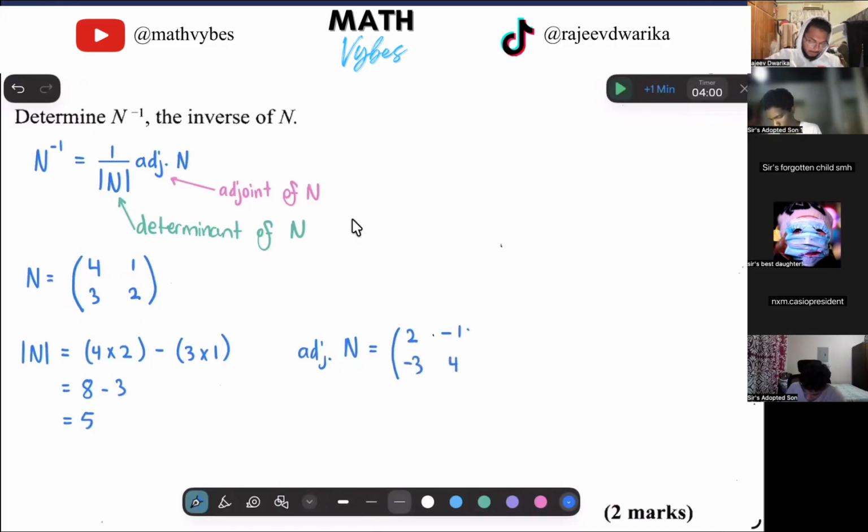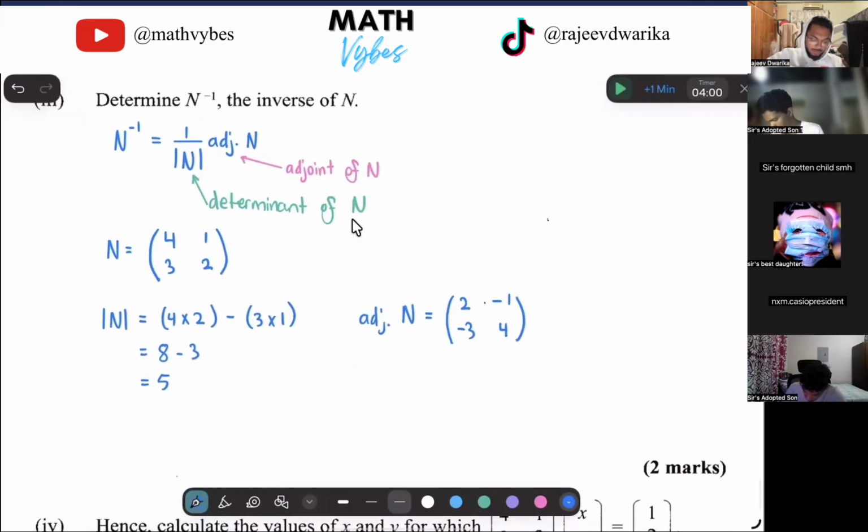Excellent. Right. Now we're gonna combine all of this. So N inverse is going to be 1 all over the determinant. What is the determinant? 5. Right? And what is the adjoint? 2, negative 1, negative 3, 4.